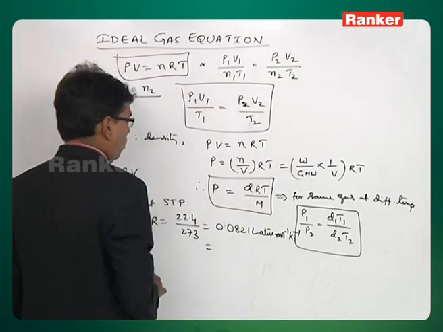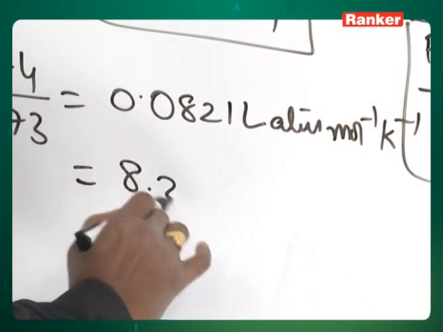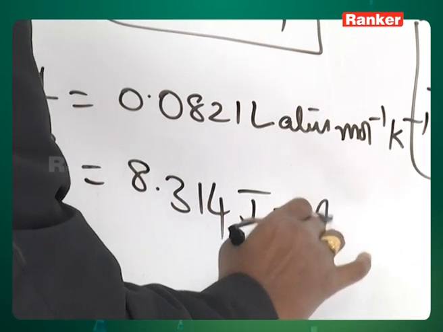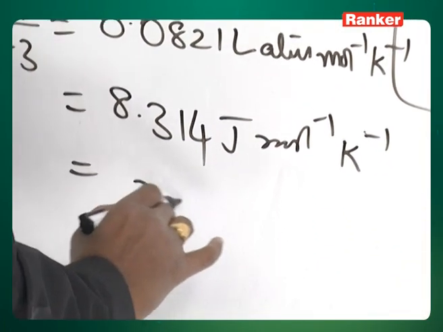In other units, this is equal to 8.314 joule per mole per Kelvin, or this is equal to 2 calorie per mole per Kelvin.